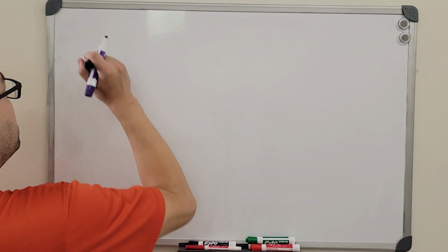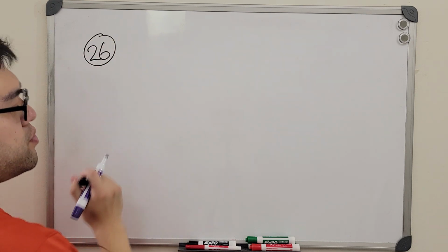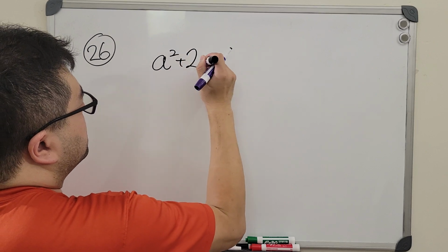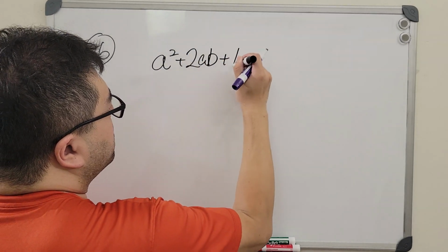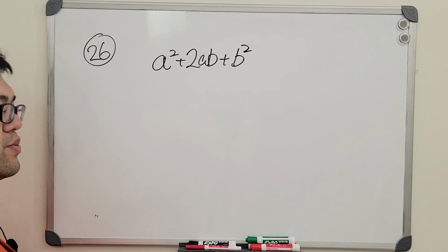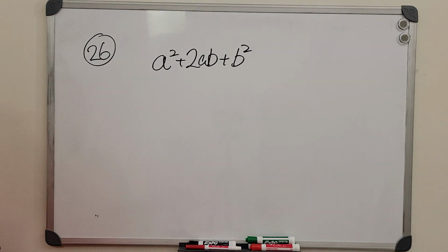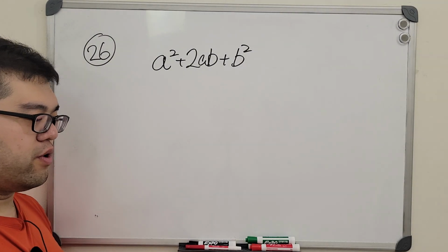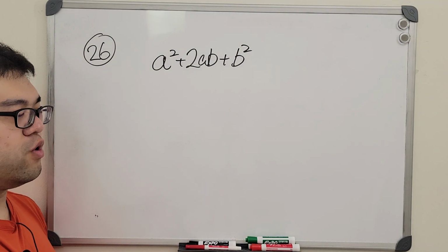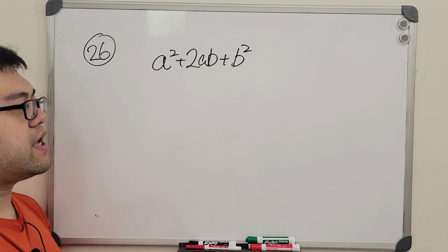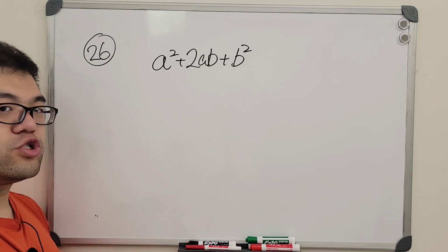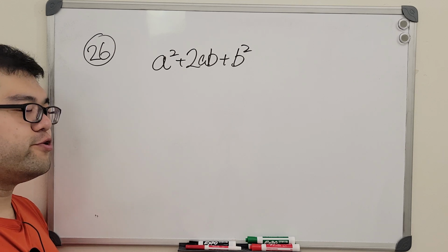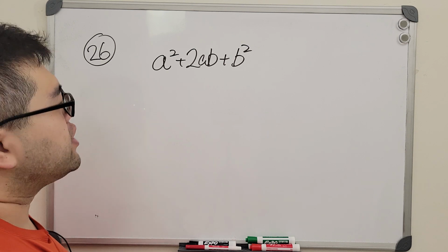Next, we're moving on to problem 26, and we'll start off with something different. Instead of having only 2 terms in our expression, which we call quadratic binomials, meaning the highest degree is 2, or a second power in the expression, but there are only 2 terms, now we actually have a trinomial here.